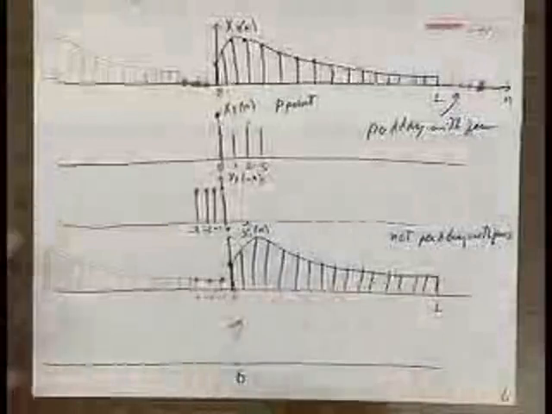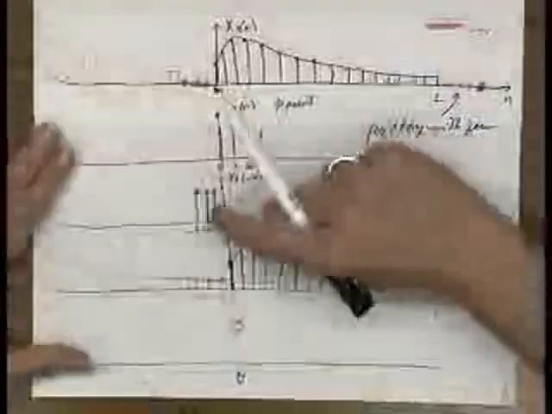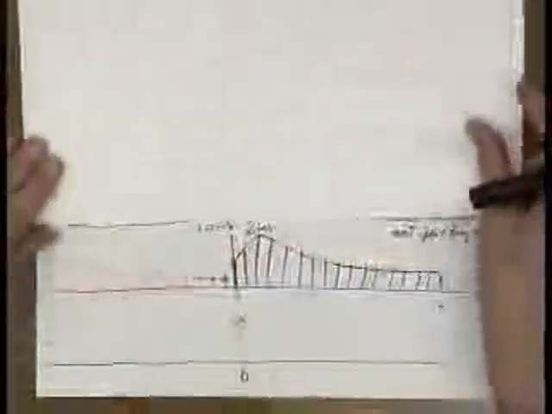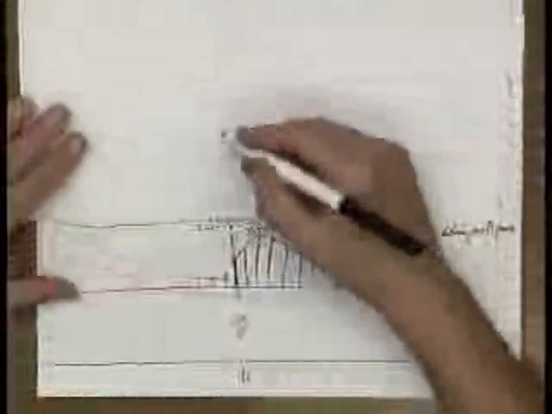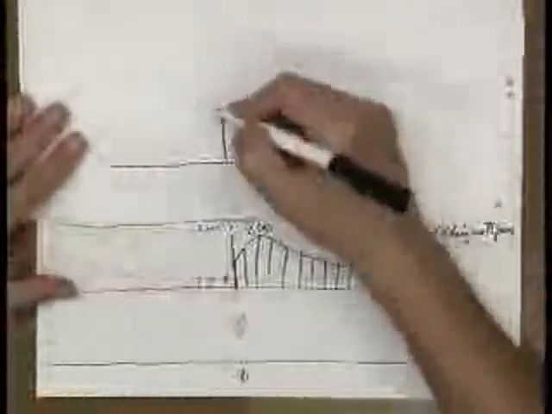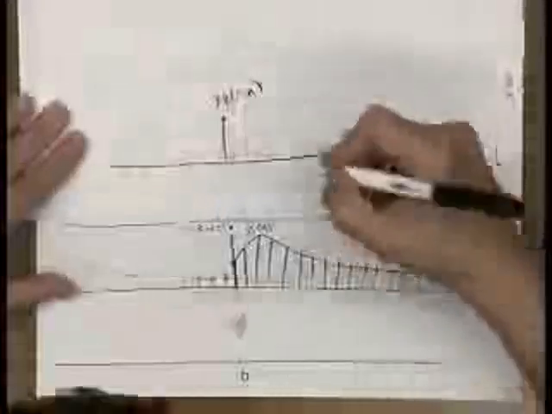How about for index 1? Well, for index 1, I'm going to just drag this x2 of minus n by one index to the right. So how would that work? Let's plot that here. It would look like this: x2 of 1 minus n.